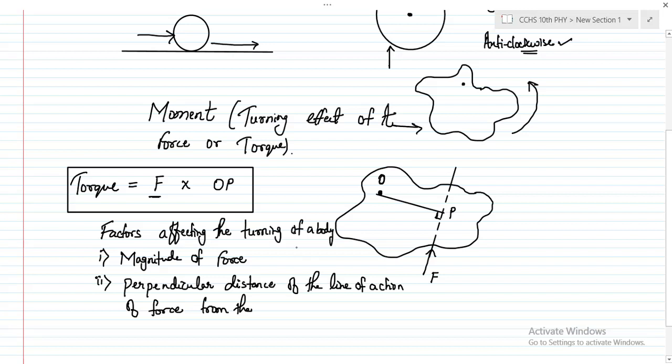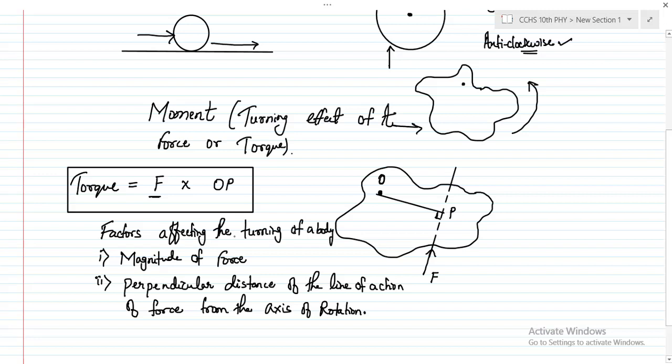Axis of rotation is the line about which the body rotates. So these are the factors affecting the turning effect of a body.